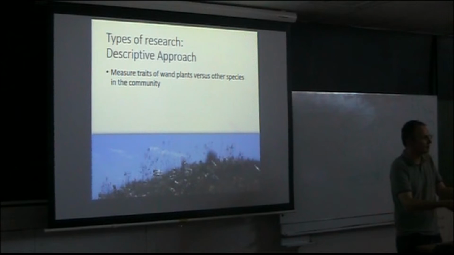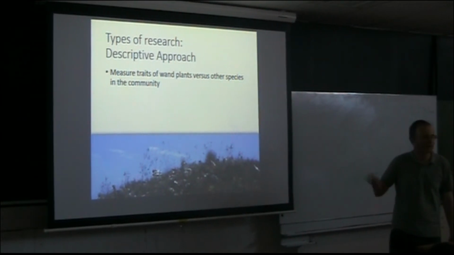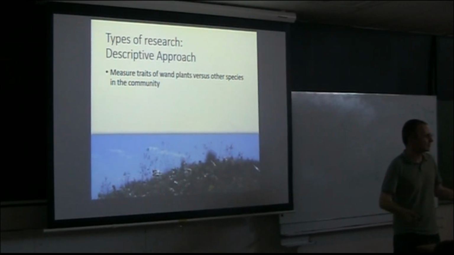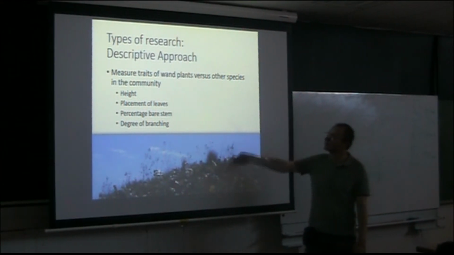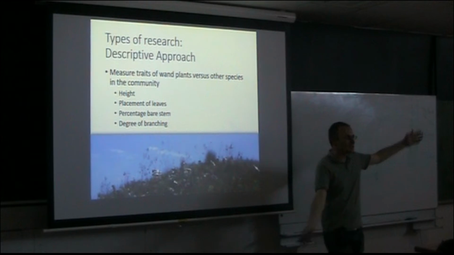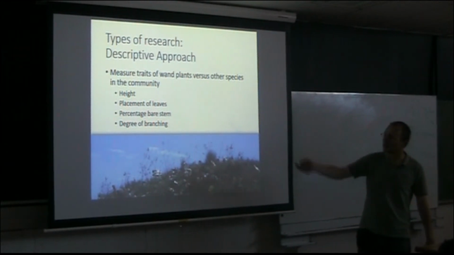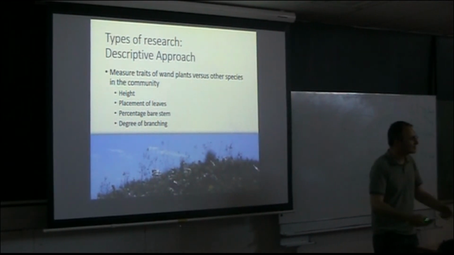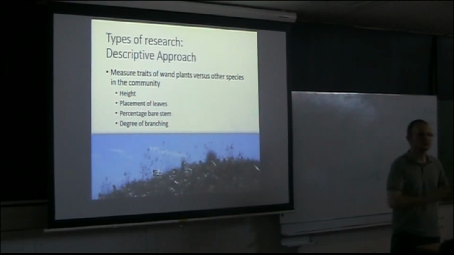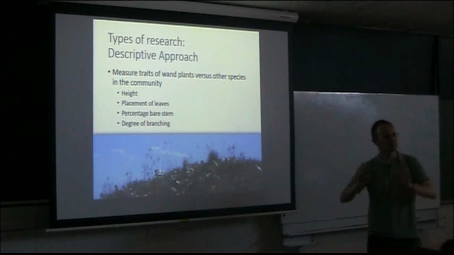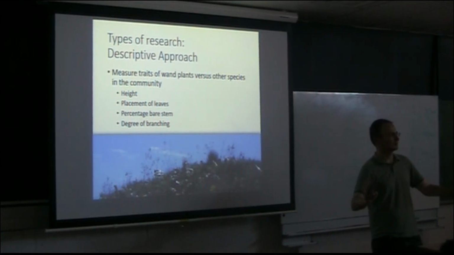We just want to show that these things that are visually different, how are they different? So we can measure height, where the leaves are placed, the percentage of their stem across the whole thing, the degree of branching. There are a whole bunch of traits that we could measure, just to say that this is an architectural form that is very different from everything else. Purely descriptive.